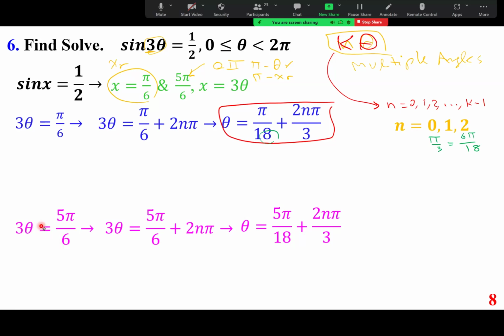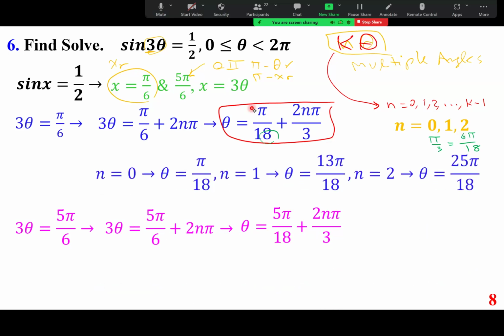If I replace the n with 1, 2 pi over 3 is 2 times that. So 2 times 6, 12 pi, and pi is 13 pi over 18. If I replace the n with 2, I get 4 pi over 3. 4 times 6, 24, and 1, I get 25 pi over 18.